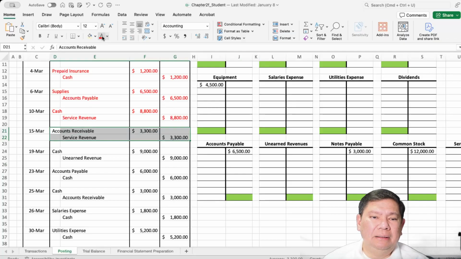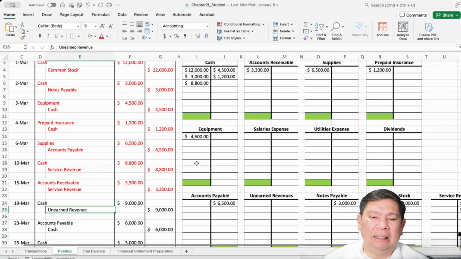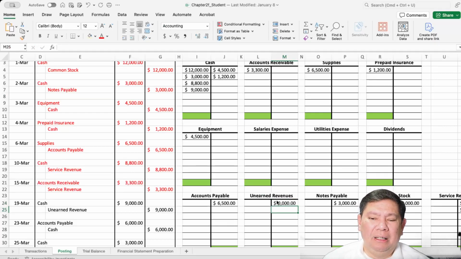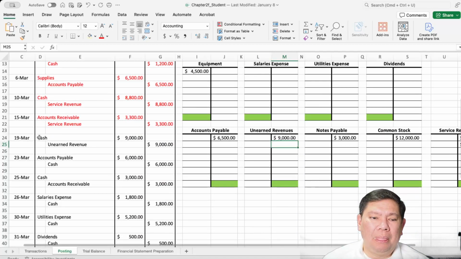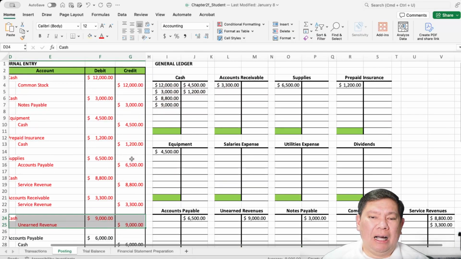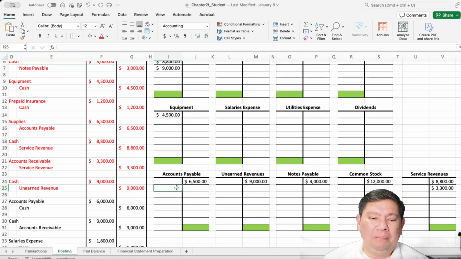It's done. We receive cash and recognize unearned revenue, $9,000. So cash goes up, debit. Unearned revenues is a liability, $9,000 credit when it goes up. So we're done with that. And then we paid accounts payable, this one.